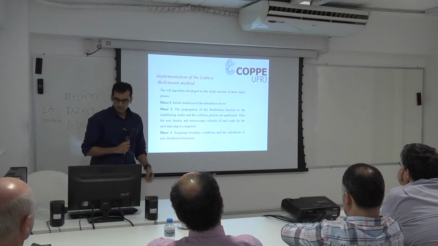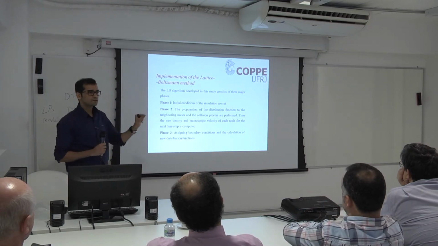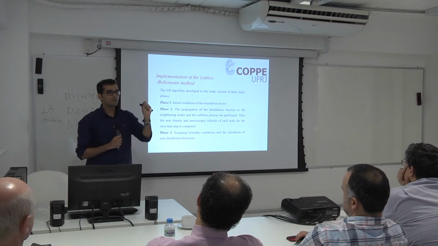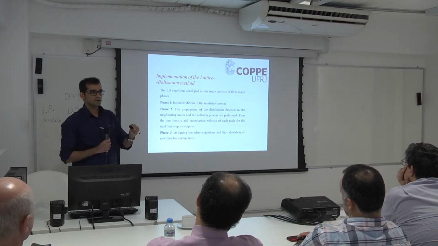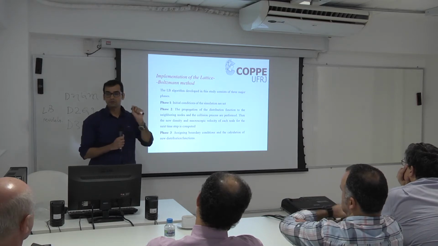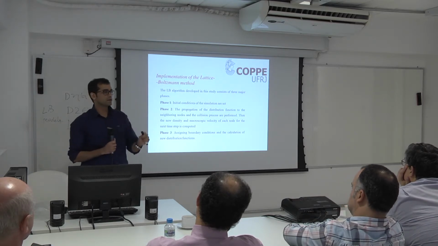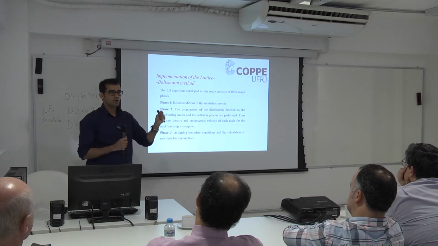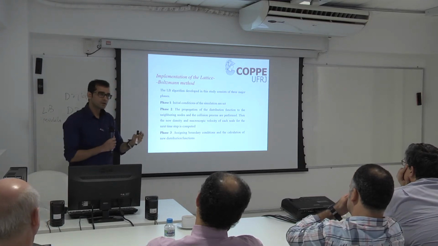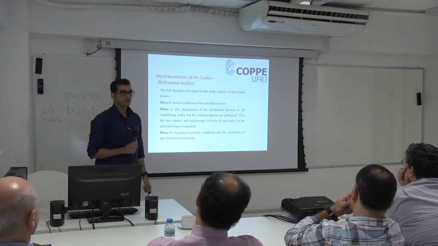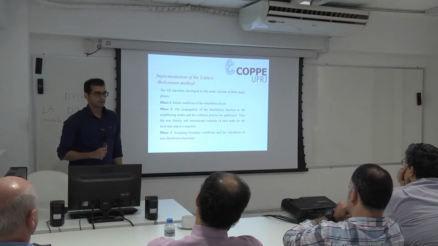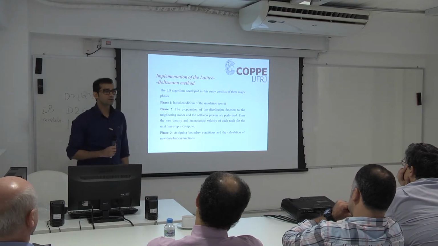The initial condition is that the equilibrium and non-equilibrium properties of the distribution function, in the beginning, have to be equal. Why is that? Anyone can say why? Initial condition, because there is no collision.